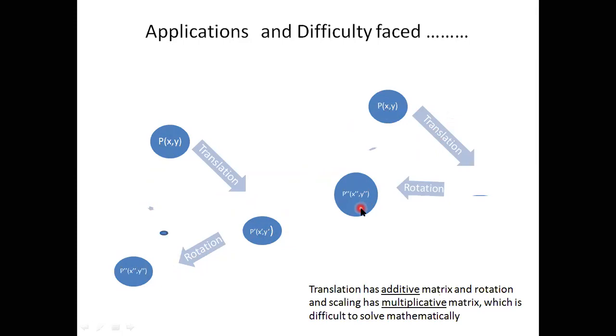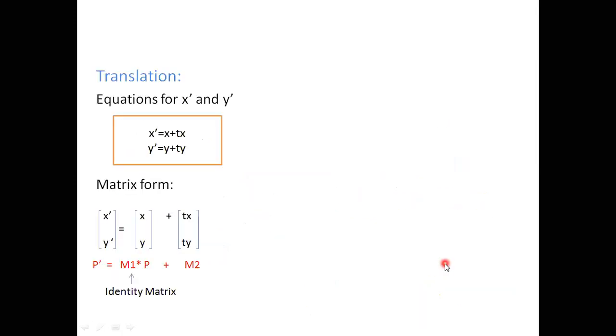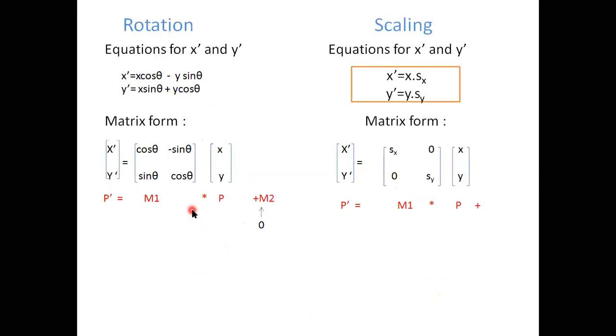Now, the problem is that my translation has additive matrices and my rotation and scaling have multiplicative matrices, which is difficult to solve mathematically. If I want translation, I need to go for additive matrices, that means I need to add the matrices. If I want rotation or scaling, I need to go for multiplicative matrices.